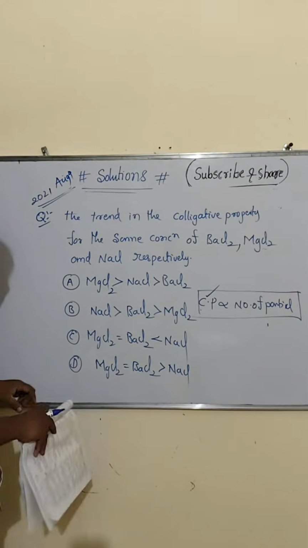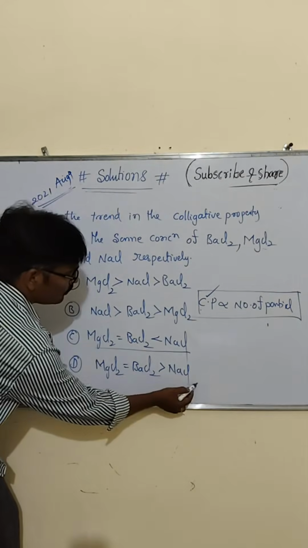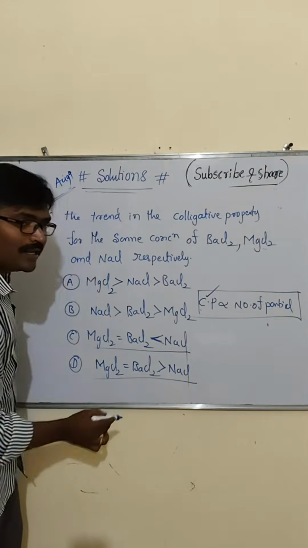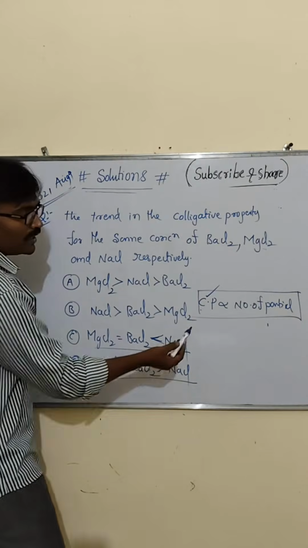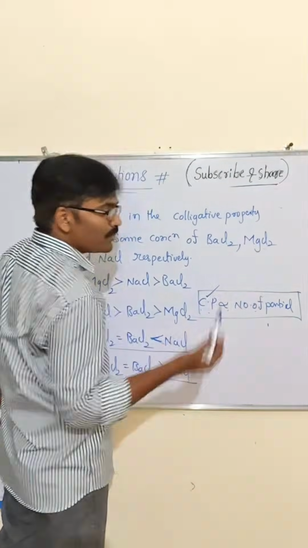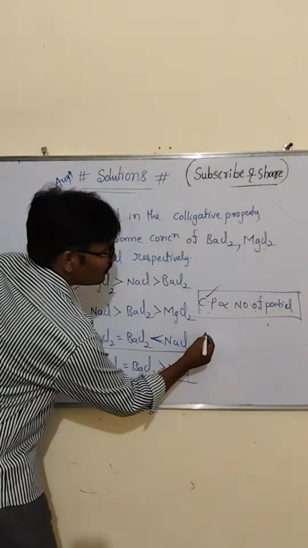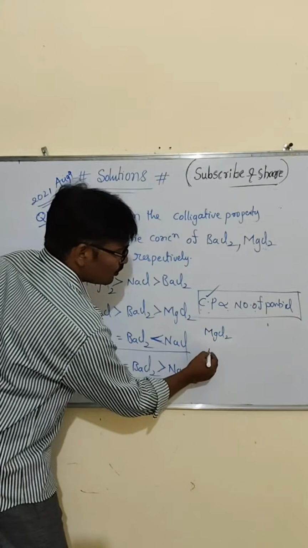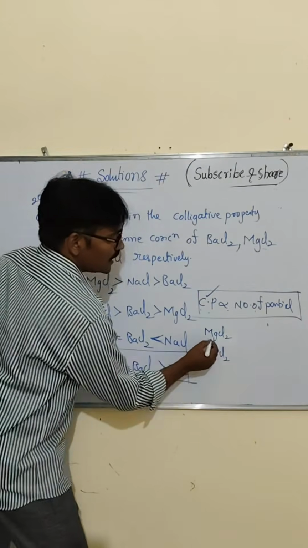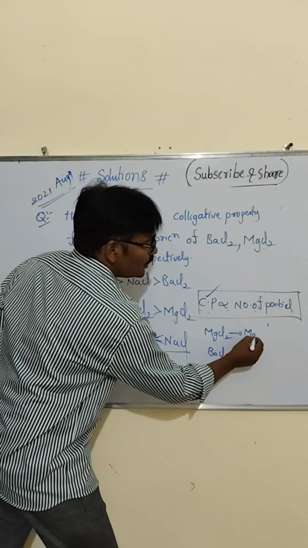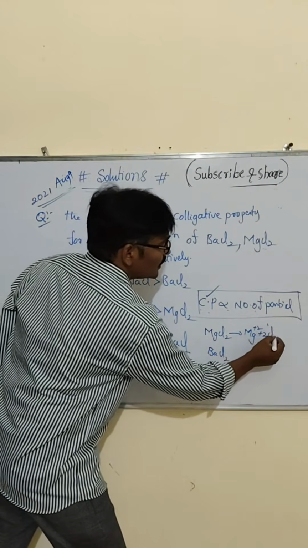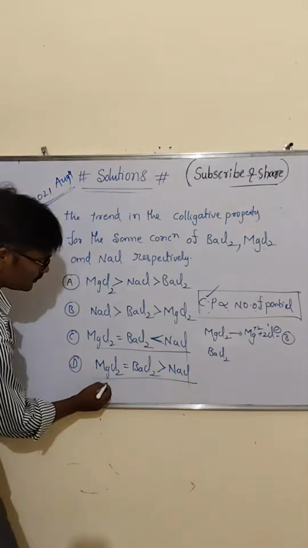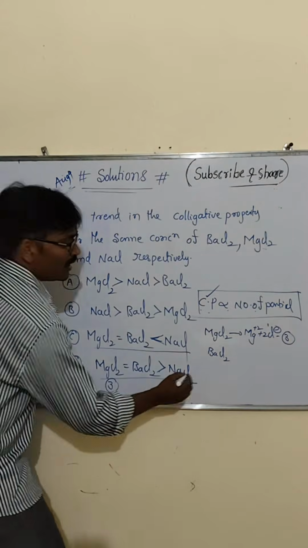Observe the question carefully. So these two options you can observe carefully. Here less than NaCl is mentioned, here greater than NaCl is mentioned. So I told that colligative property is directly proportional to the number of particles. MgCl2 can be dissociated into Mg2+ and 2Cl-, so the total number of particles is 3.